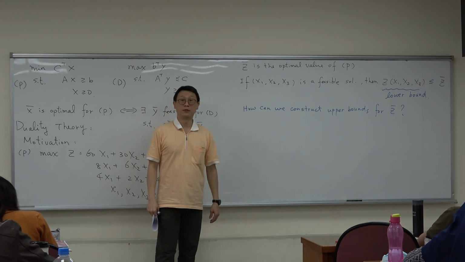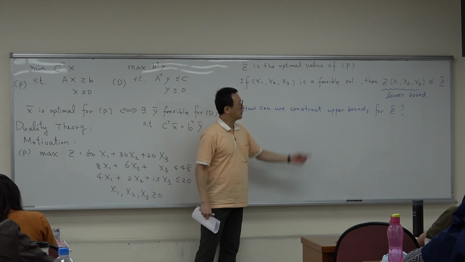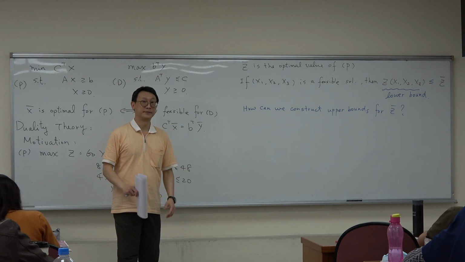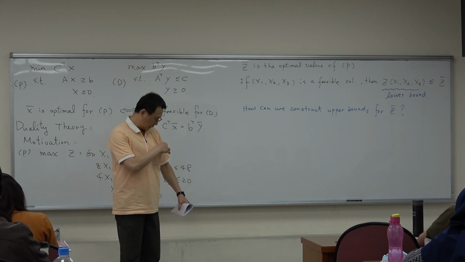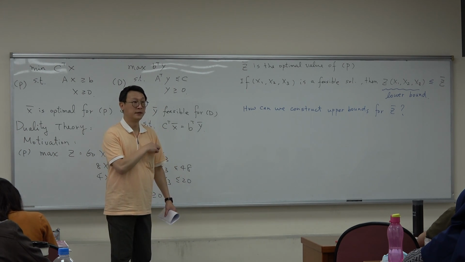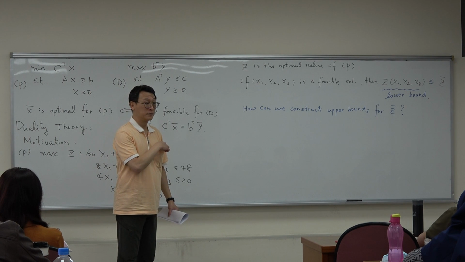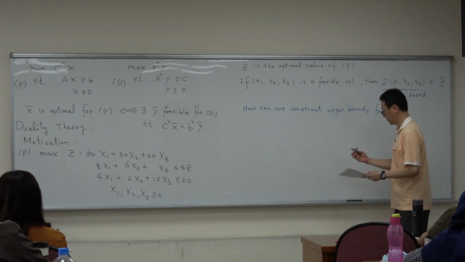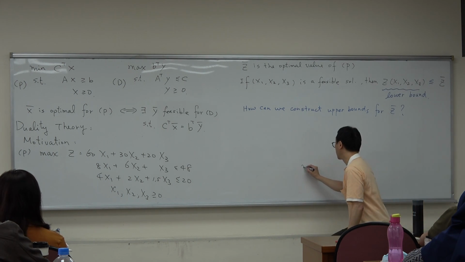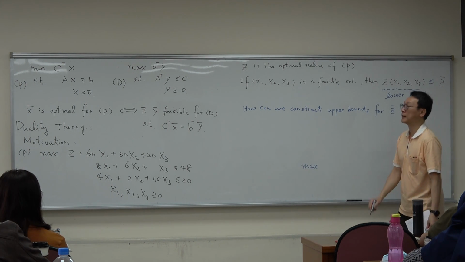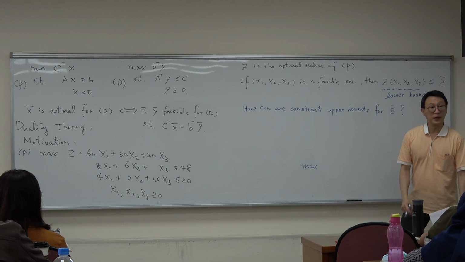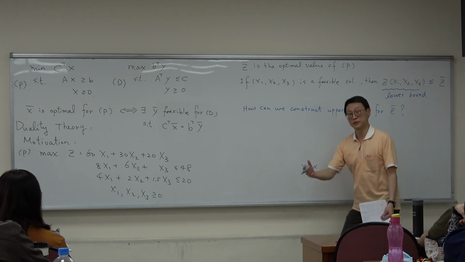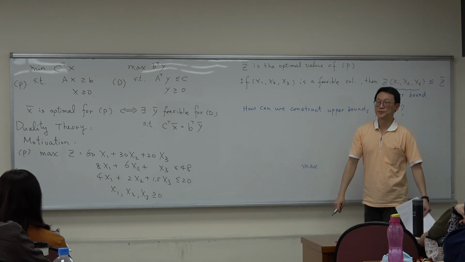Right now we already have a lower bound, but I don't have an upper bound. So the reason is that we try to find the upper bound for the maximization problem.